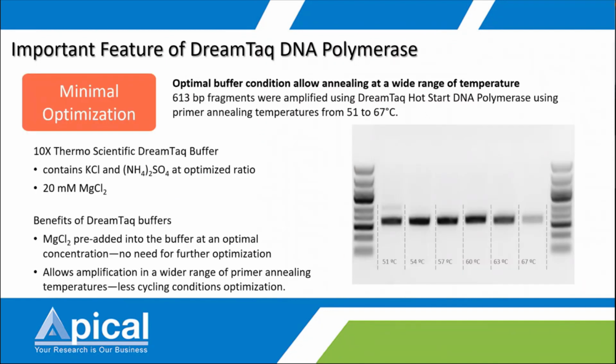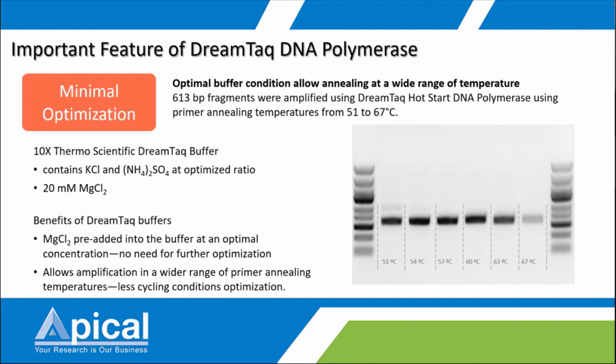DreamTaq DNA polymerase comes with its own optimized PCR buffer, and every component in the buffer is well optimized to give you a superior amplification. The buffer comes with pre-added magnesium chloride, which makes it more convenient to use, unlike some commercial polymerase buffers, where you need to add the magnesium chloride to the buffer on your own.